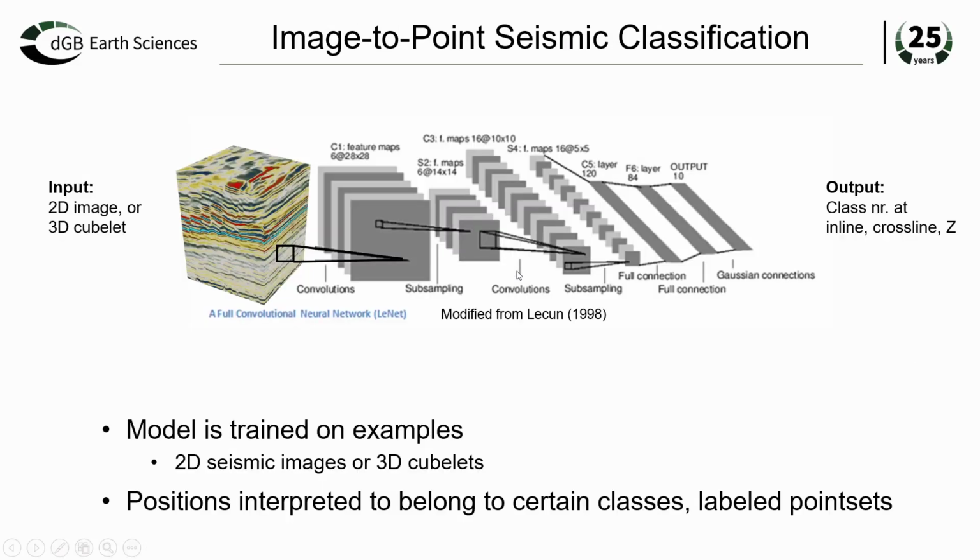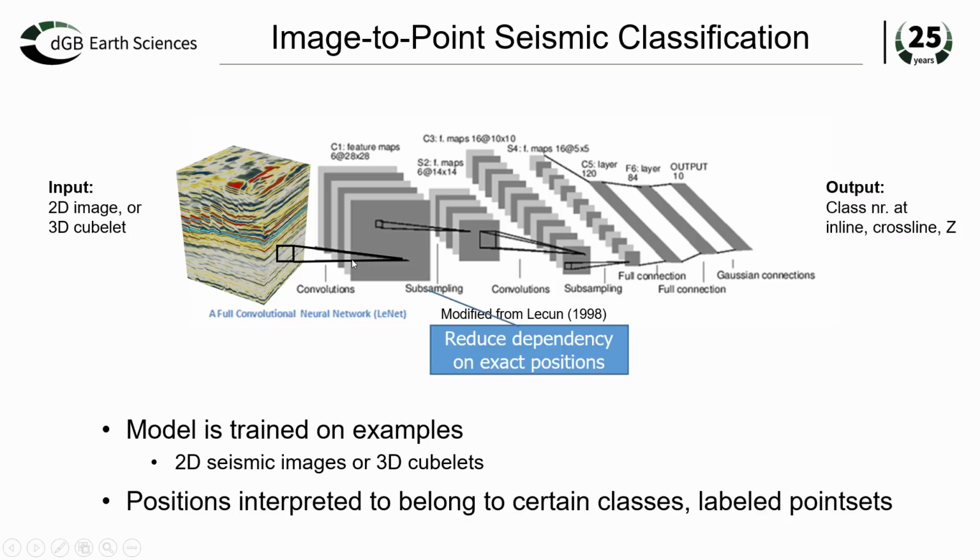The other example I want to show you is a convolutional neural network where we take an image, a 2D image or a little 3D cubelet. We extract features. So for this we will need to interpret some example positions that belong to a certain class, that we then use as labeled point sets.